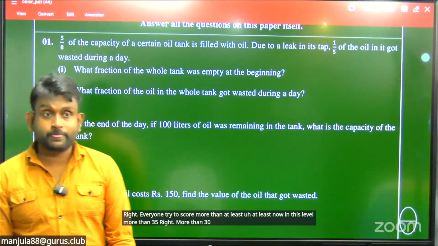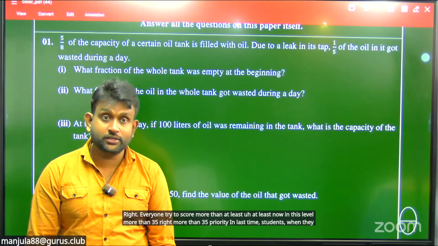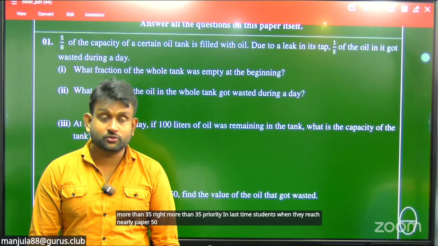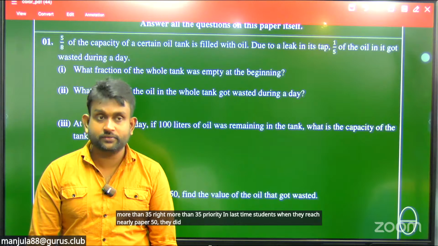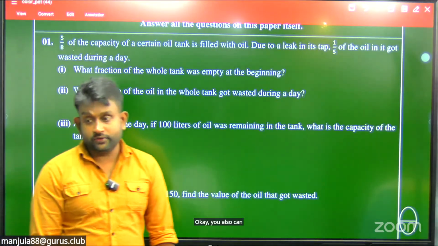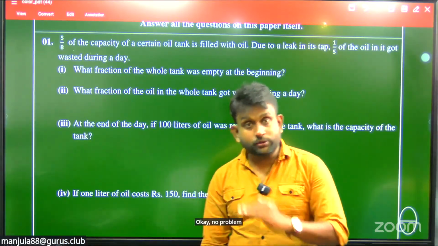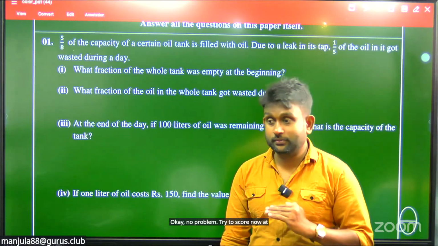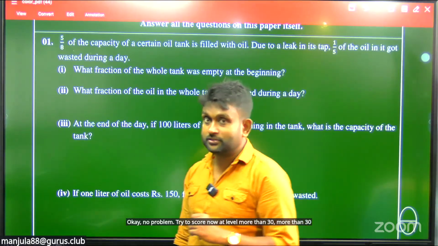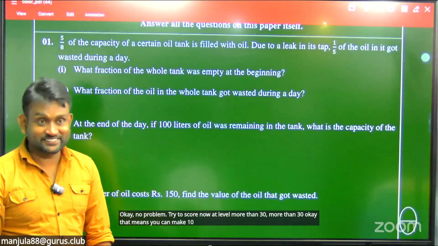Last time, when students reached nearly paper 50, they scored exactly 50. You can also score nearly 50 when you get there. No problem. Try to score now at a level of more than 30. That means you can make 10 questions incorrect.